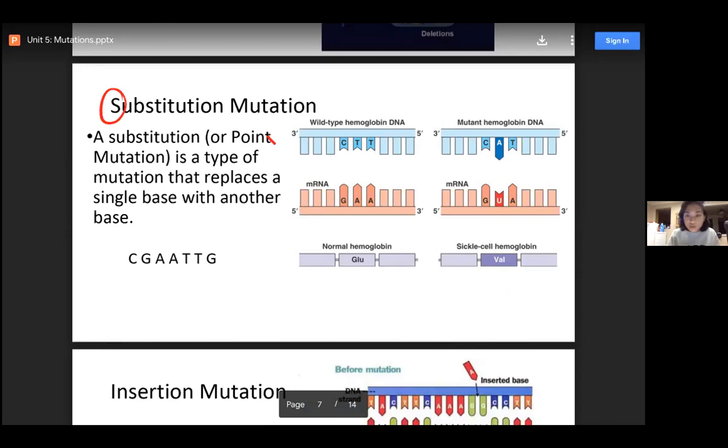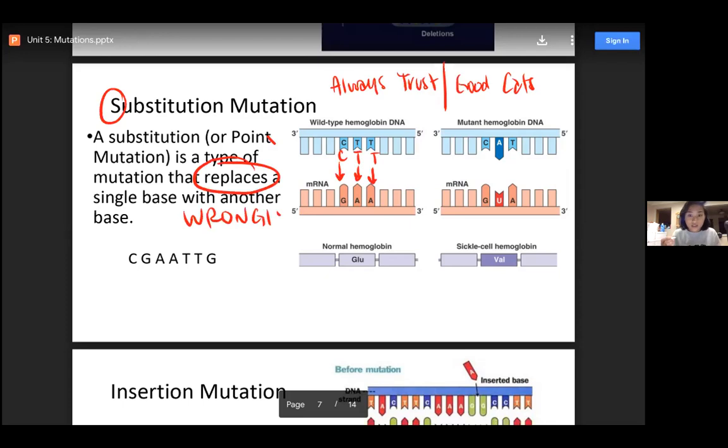So for example, here we have CTT, and when we write always trust good cats, you would know that C matches with G, T matches with A, and T matches with A. But when you substitute mutate, that means that you replaced a pair wrongly.